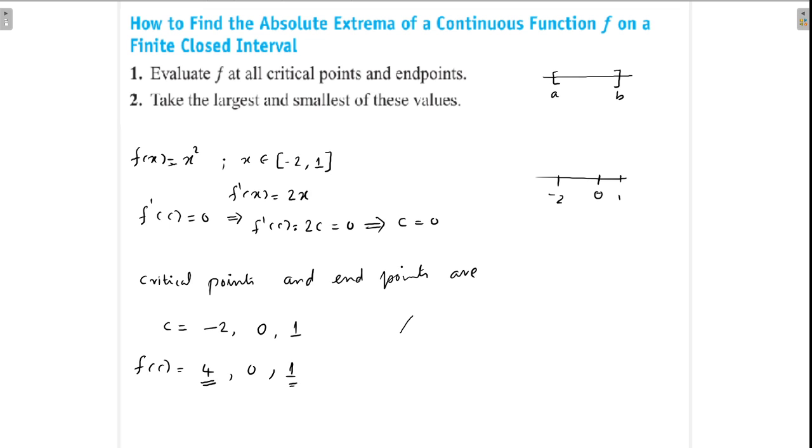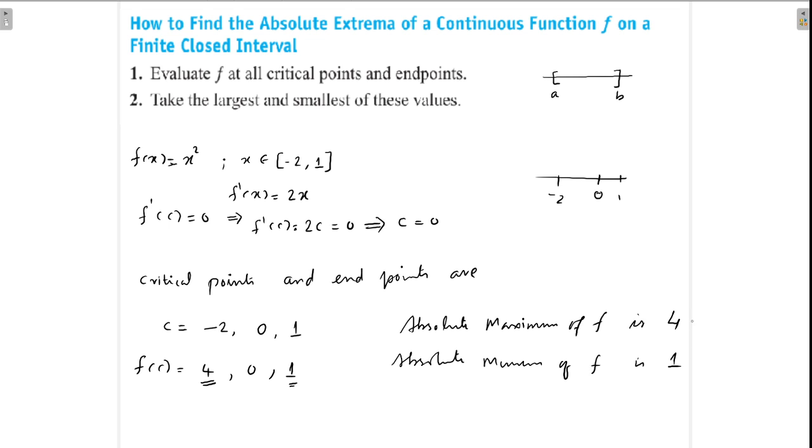So the absolute maximum of f is 4 and the absolute minimum of f is 0.